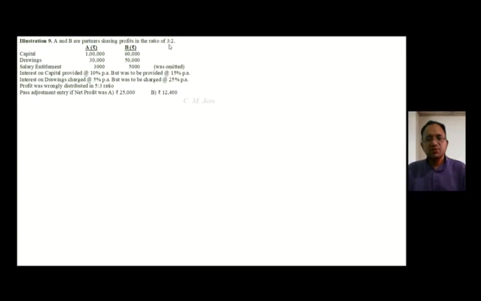Actual ratio was 3:2, but wrongly it was distributed in 5:3 ratio.